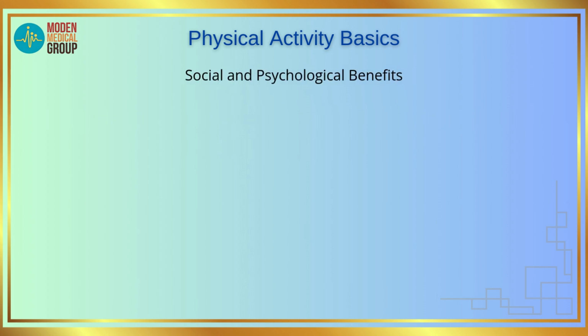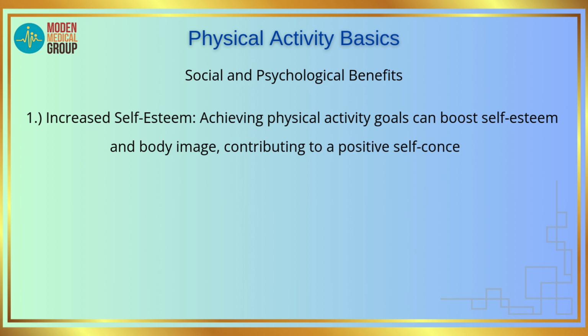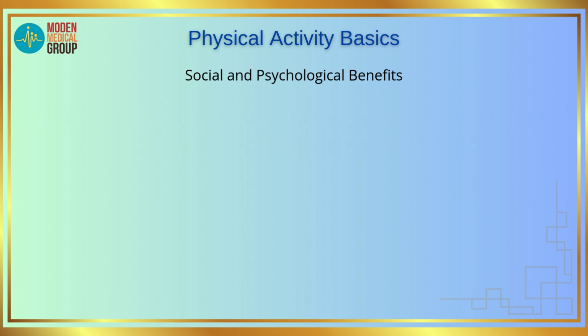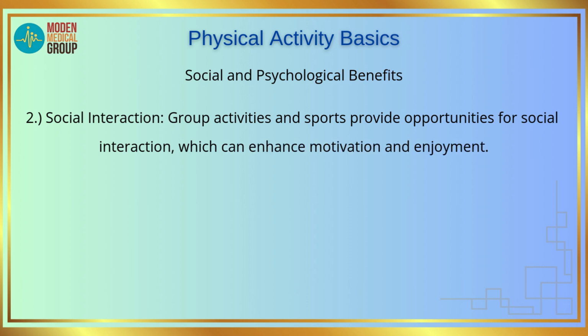Social and psychological benefits. 1. Increased self-esteem. Achieving physical activity goals can boost self-esteem and body image, contributing to a positive self-concept. 2. Social interaction. Group activities and sports provide opportunities for social interaction, which can enhance motivation and enjoyment.